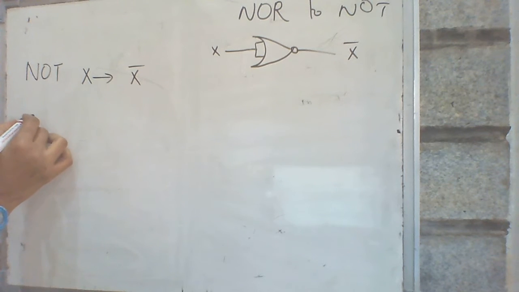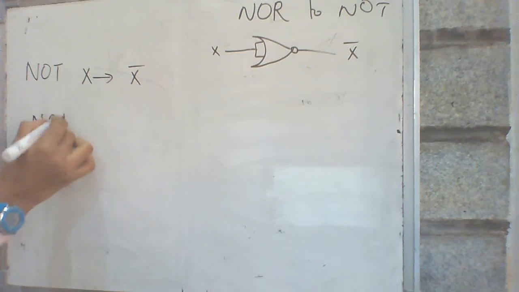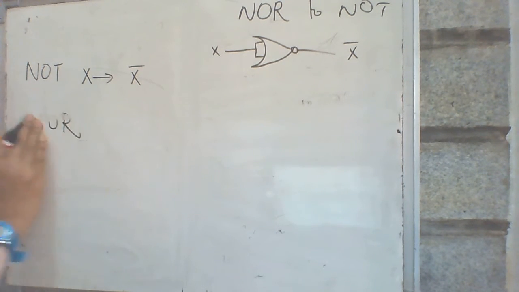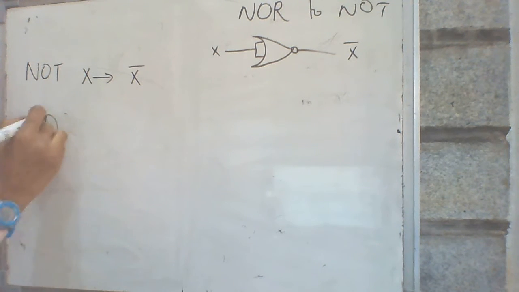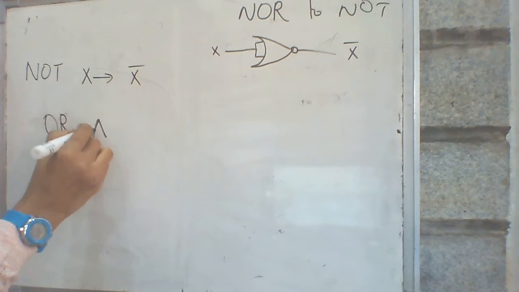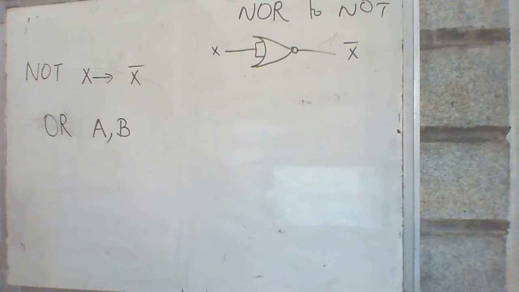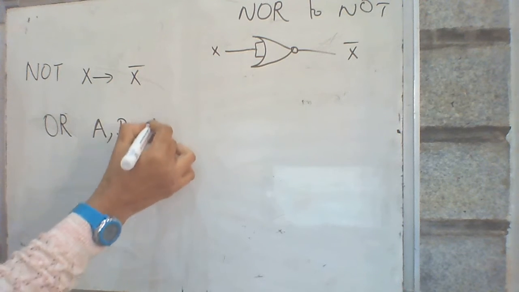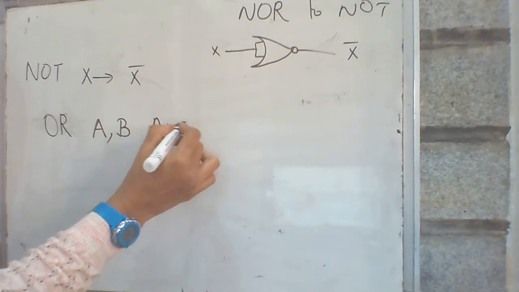Then what is NOR gate? First we can consider OR gate. What is OR gate output? If A and B are the input, what will be the output of OR gate? OR means plus.